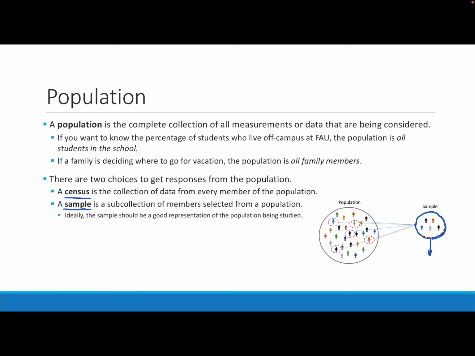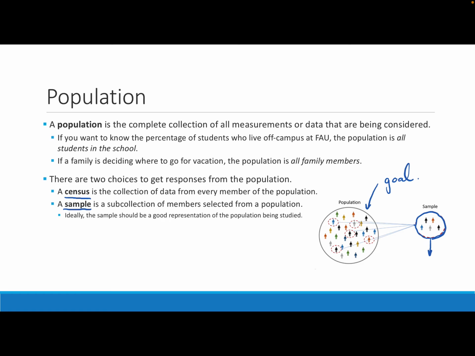And then remember, your goal is still about the population. So this is still your goal. But once you know your sample, and ideally, if your sample is a good representation of the population, which means the population and the sample are very similar.